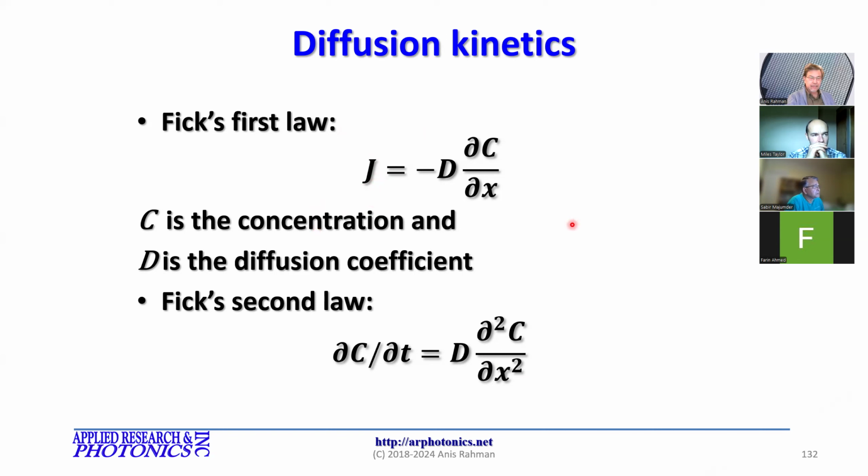And that, under constant diffusion, depends on the gradient of concentration across the thickness or depth. So dC/dx, where C is the concentration, D is the diffusion coefficient, and dC/dx is the gradient of distribution across the thickness.